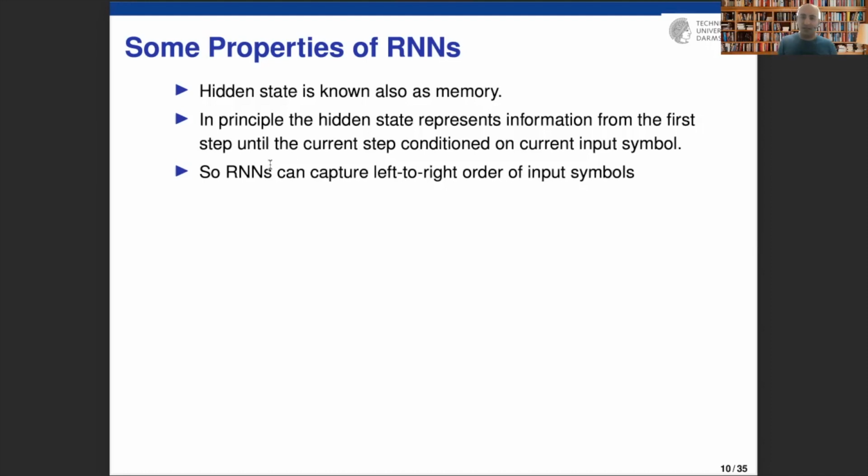It's conditioned on x1 and x2. In principle, the hidden state represents information from the first step until the current step, conditioned on the current input symbol, right? So RNNs can capture the left to right order of input symbols.